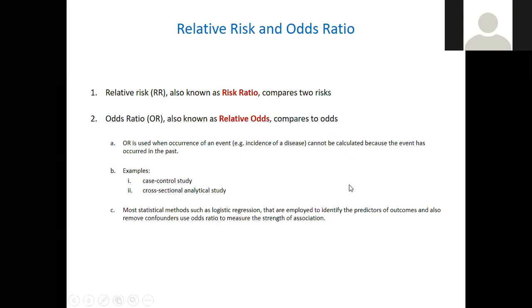Now, when you hear the word ratio, I like the first principle. For some of us that did physics in secondary school, you remember when they say ratio. A ratio is what you get when you divide two quantities of the same unit.